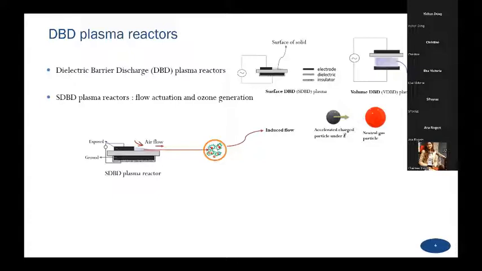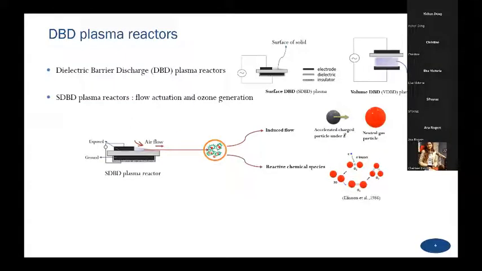This leads to an induced flow around the area where the plasma is formed. Due to this mechanism, SDBD reactors are often used as flow control devices to control airflow around surfaces where they are placed, and they have applications in the aerospace industry and noise control.